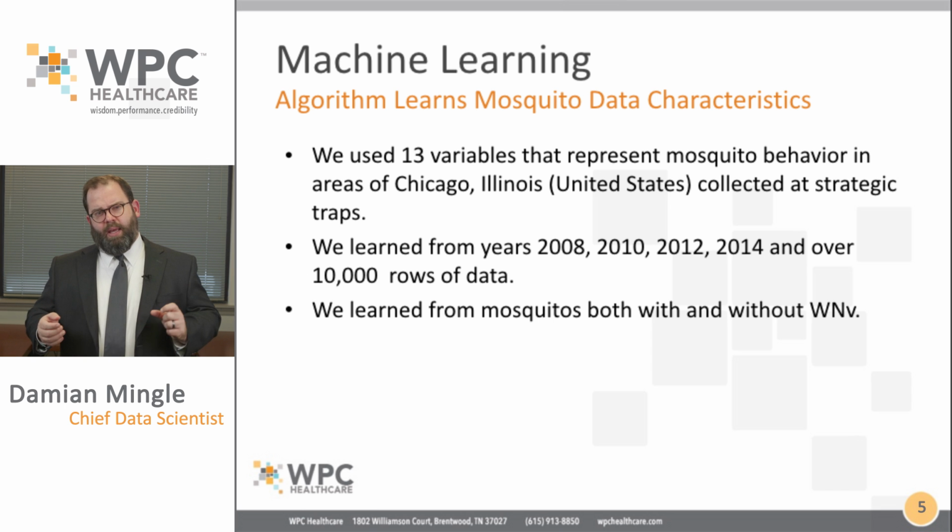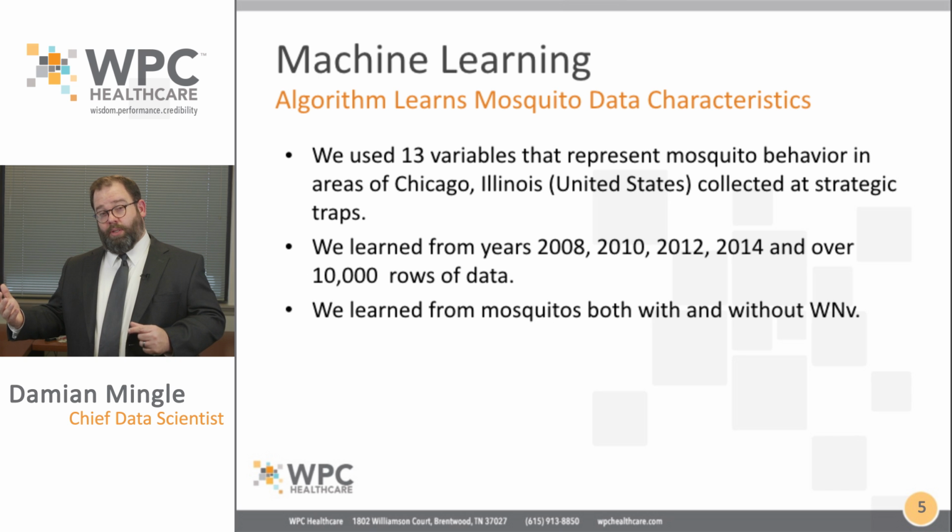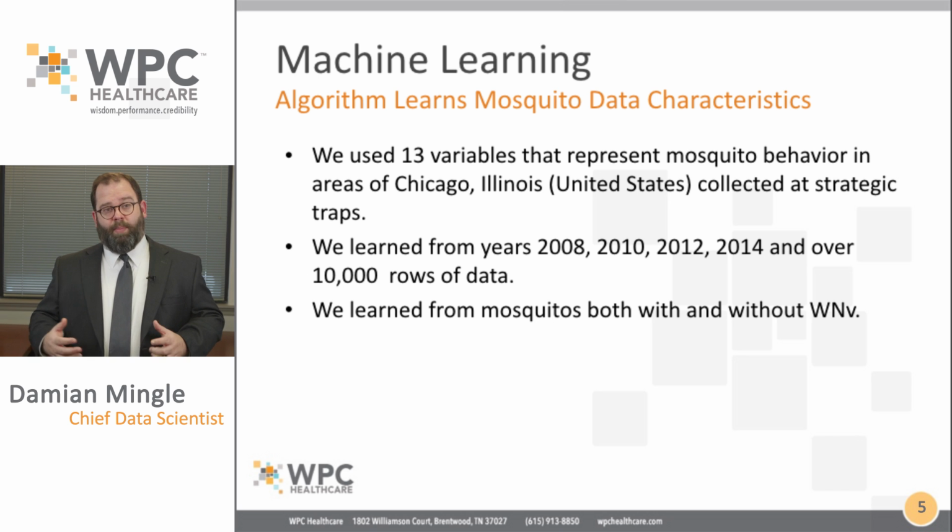So it's not a very small data set where we might have to create synthetic data, and it wasn't a very large data set where we might have to use things like Hadoop clusters and some of these more esoteric technologies. We were able to accomplish this algorithm on a standard laptop.